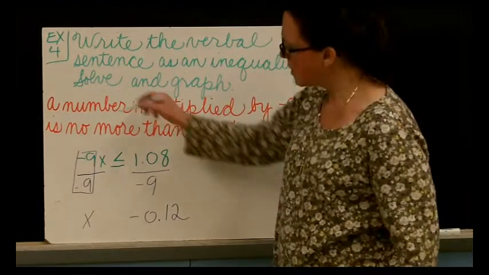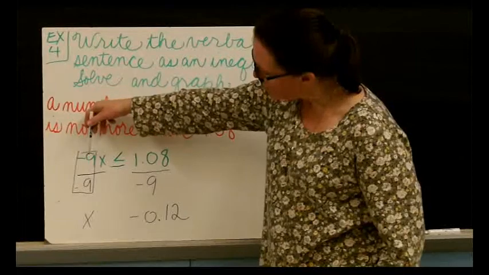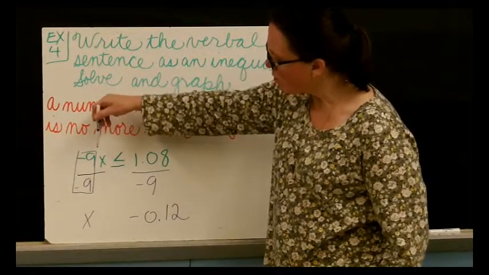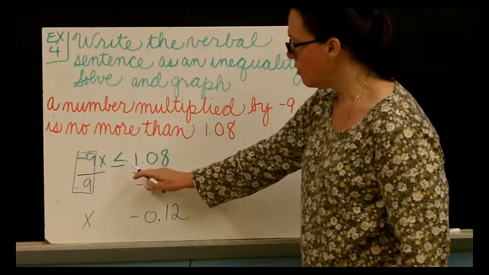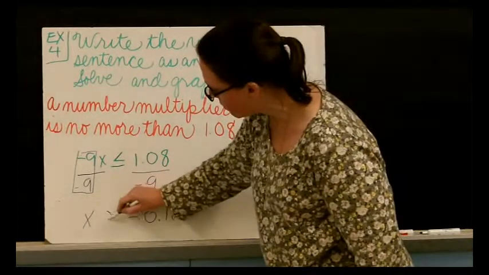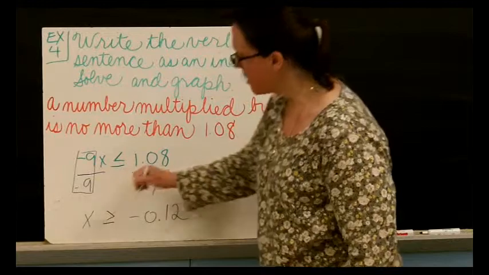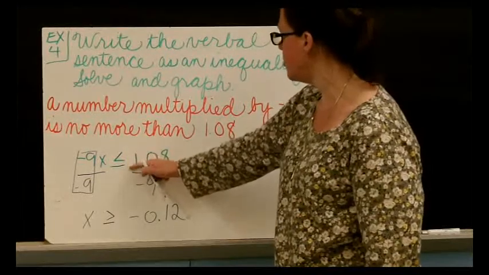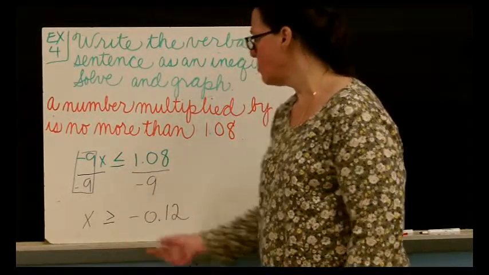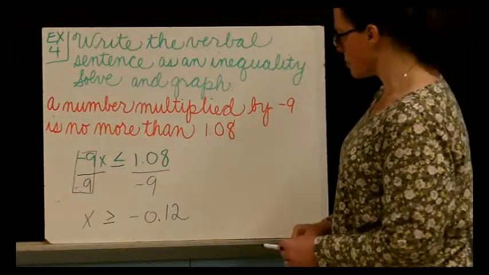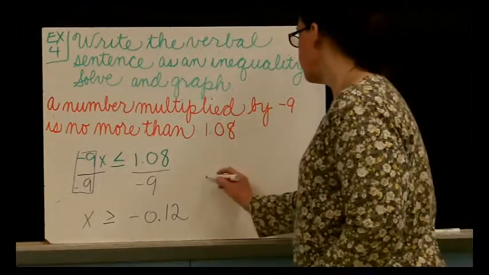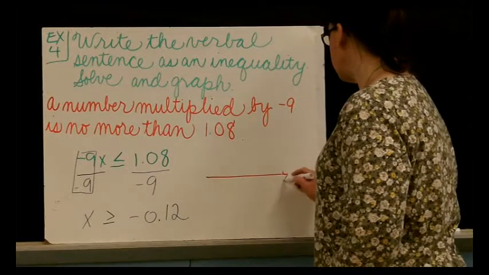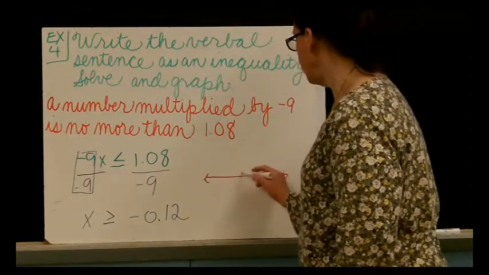I just want to remind you that since we had to divide our variable by a negative number, we have to take our inequality symbol and reverse it. So instead of having less than or equal to, we now have greater than or equal to. So our solution set is any number that is greater than or equal to negative 0.12.